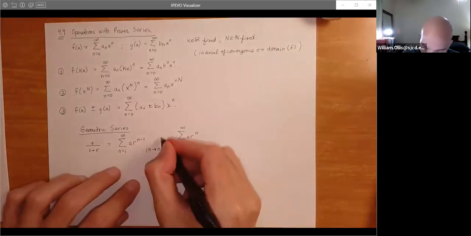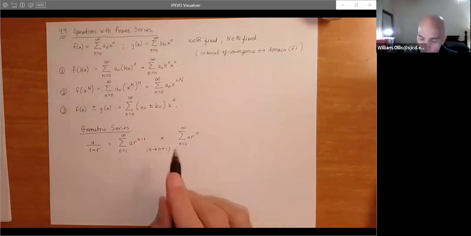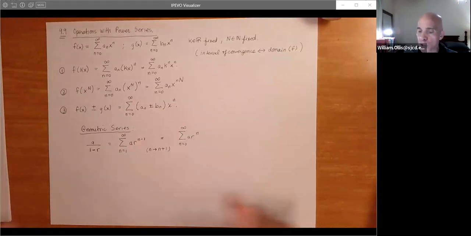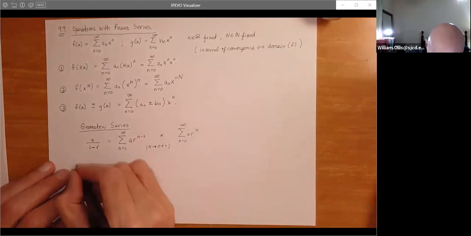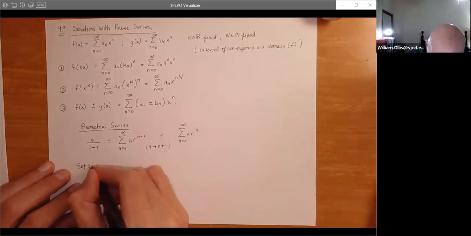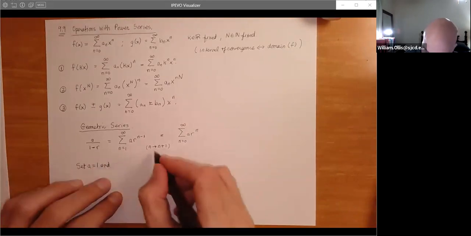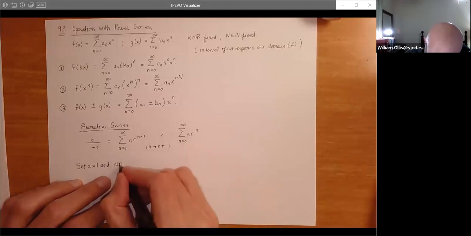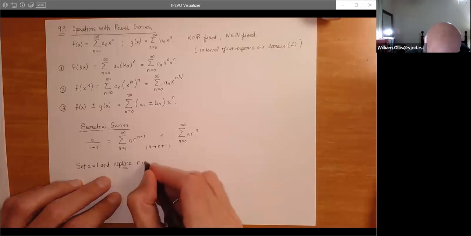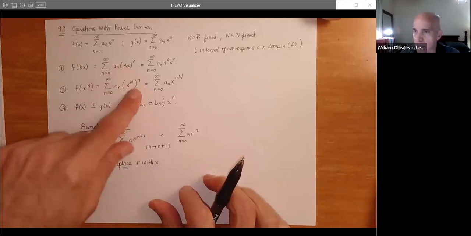And this is an alternative way of writing the geometric series. So now, one of the forms that we enjoy a lot in working with power series is we set A equal to 1. And I could say n or R becomes X. I'll just write this out because this is a different variable. Replace R with X. Because notice we use X's here.